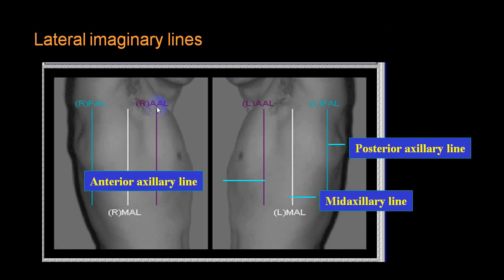In the axilla, along the anterior axillary fold is the anterior axillary line, along the posterior axillary fold the posterior axillary line, and between the two the mid axillary line. These are the three lines utilized laterally below the axilla.